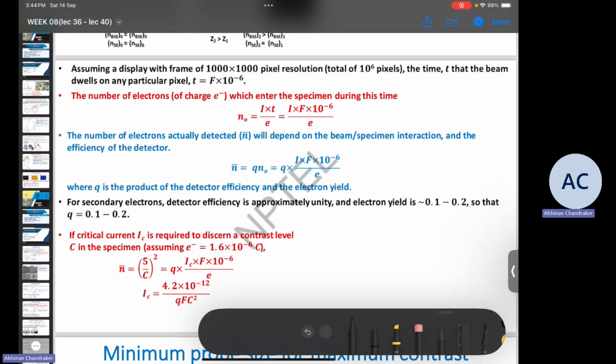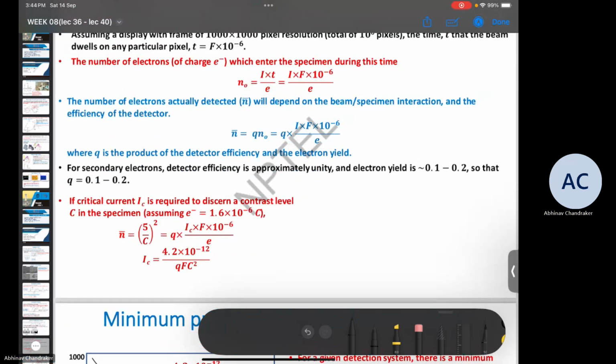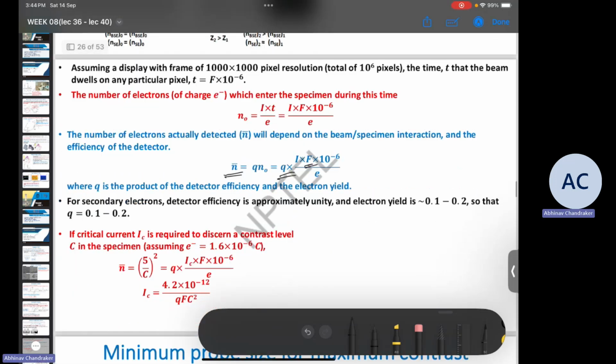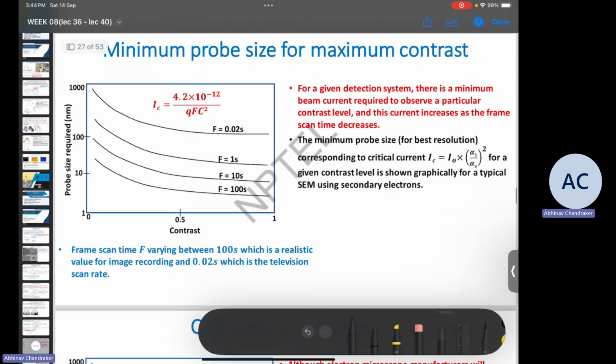And when we combine all of this and plug it into the previous equation, we can then tell what will be the value of the number of electrons detected based on the different characteristics of the detector, the specimen scanning rate, and the number of incident electrons. Using this, we can then calculate the minimum probe size which will be required to be able to observe a particular contrast level for a given frame rate.